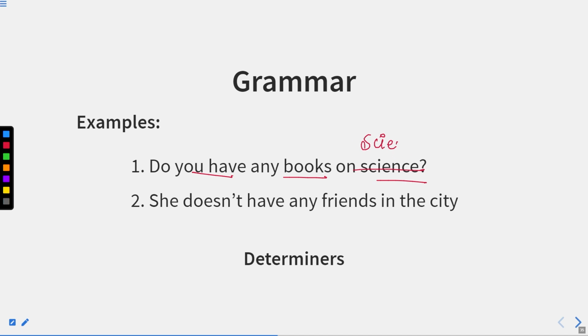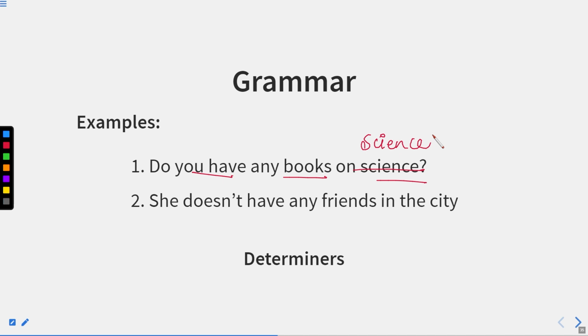If I'm saying, do you have any books on Science, it means we are expecting that maybe there are many books, but we just want any books on science. It means I'm asking about a book in which we can read science.